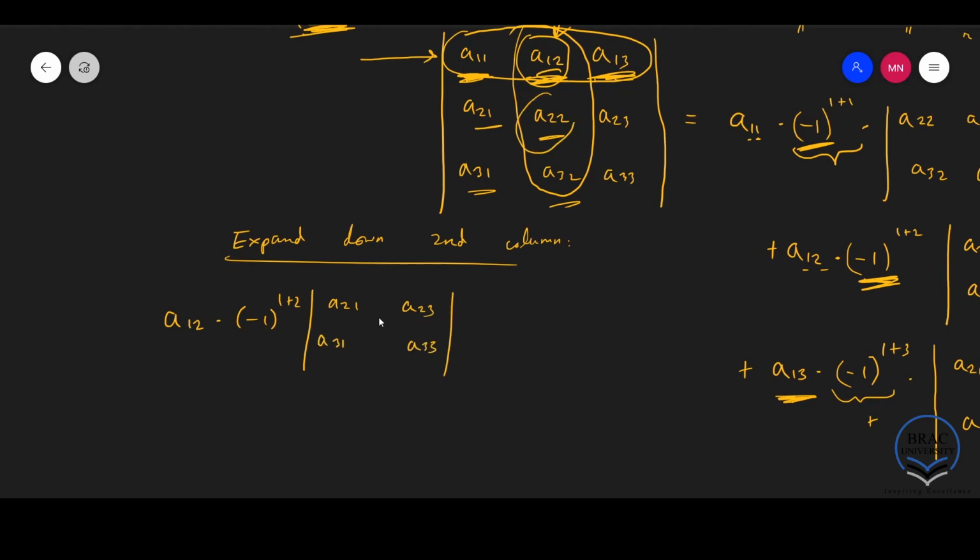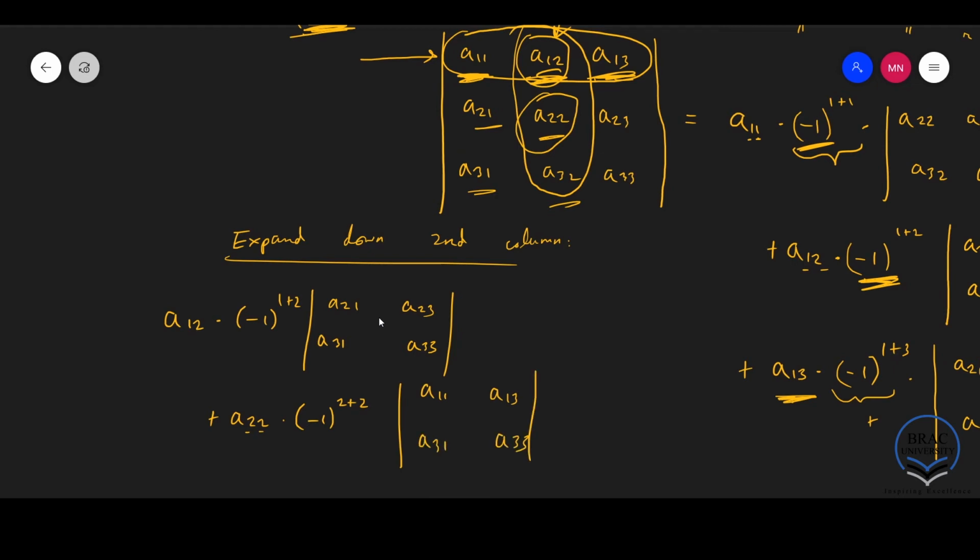Then we move on to the second entry of this column. We have plus A22 times -1 to the power of 2 plus 2 times the minor of this entry. If I eliminate this row and this column, I will have these 4 entries remaining: A11, A13, A31, A33.